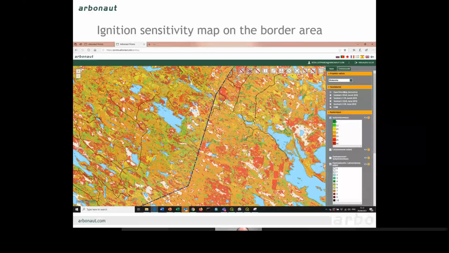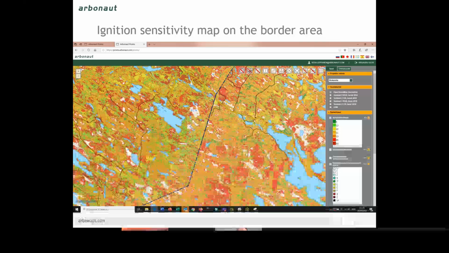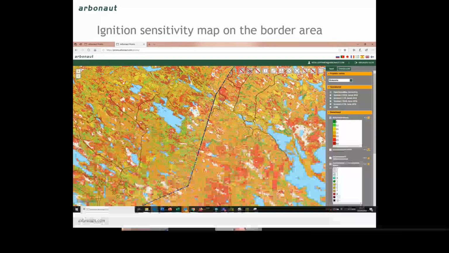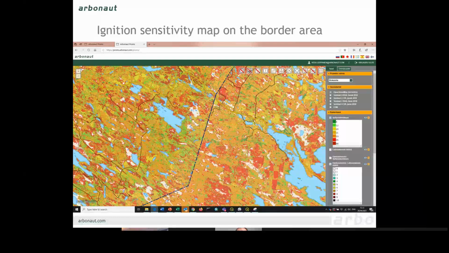There are actually quite good models existing for how spotting works, how many new fires you can expect at what distance when you have a spotting fire. So if you look at this, these high ignition sensitivity areas are the ones that would most easily start the spotting fire.